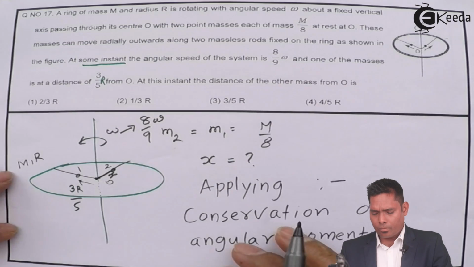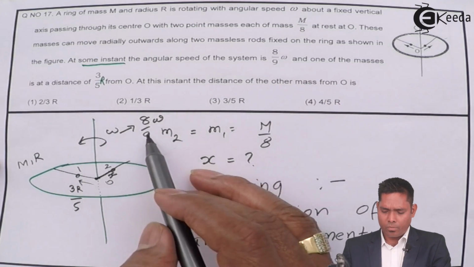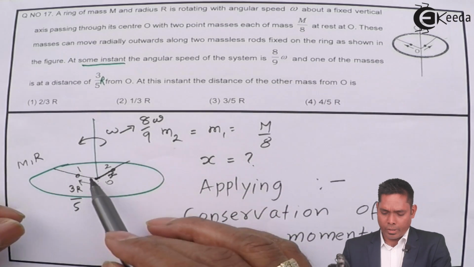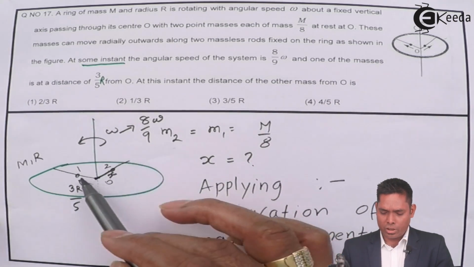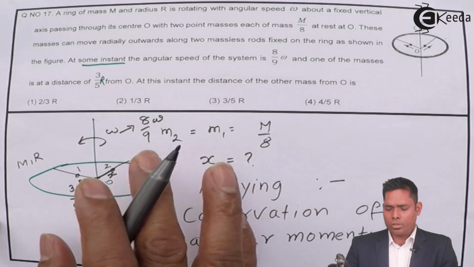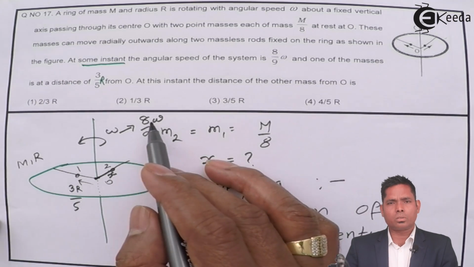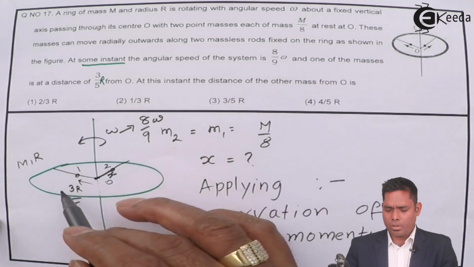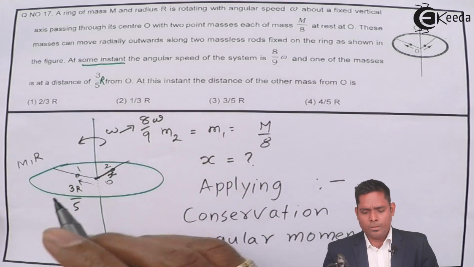So if this omega becomes 8 by 9, because when this starts rotating, the masses move radially in this direction and because of that the omega will change. This increase or decrease of omega is not because of an external torque, it is because of the internal torques of the system.